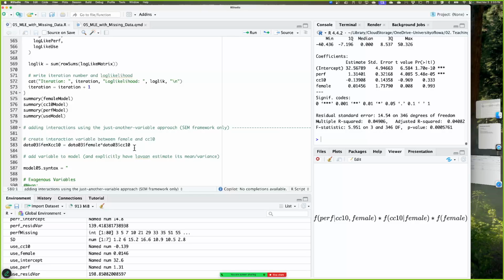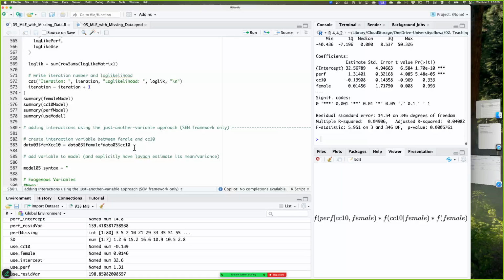Turns out when you have missing data like this, now we have these three methods for missing data: maximum likelihood, Bayesian, and multiple imputation. When you have variables of mixed type, like female being Bernoulli, the rest being sort of plausibly multivariate normal, the SEM approach and maximum likelihood is the hardest. With Bayesian, you can build this directly into a JAGS program and it'll work much better.